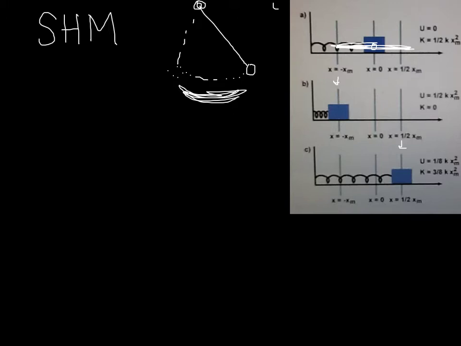Same thing if we had a mass on a spring and we pulled it down like you've done in a lab, it would go up and down until over time it stopped because of things that we're not going to calculate at the moment.